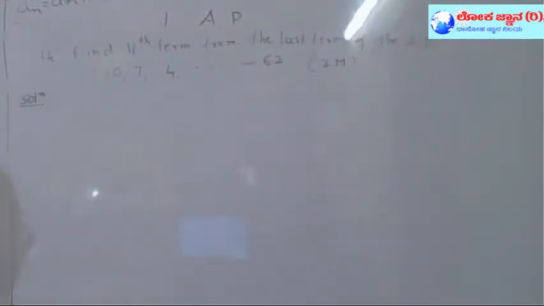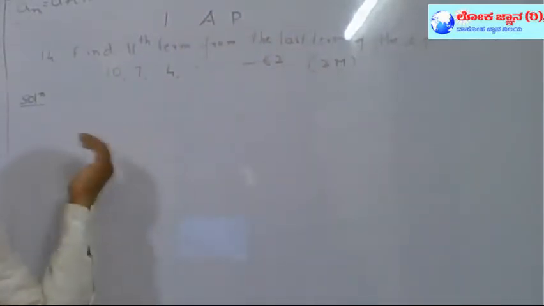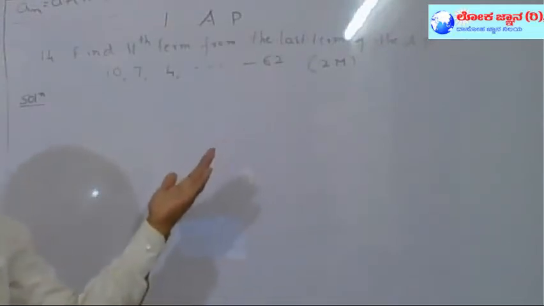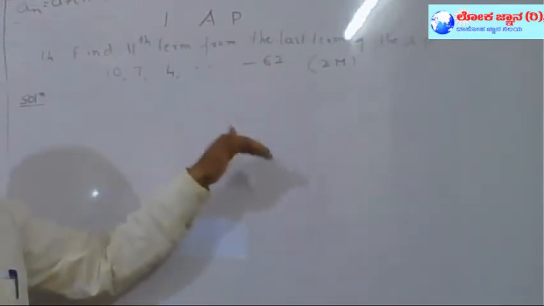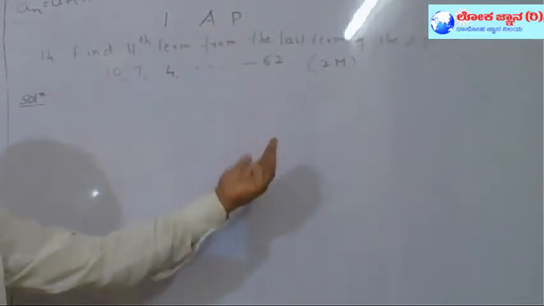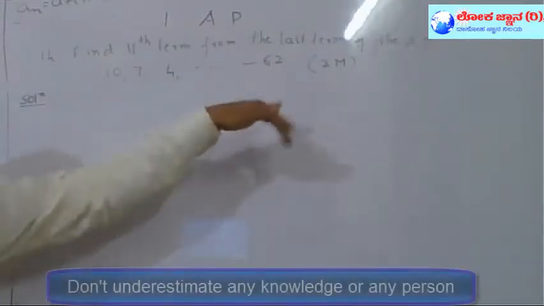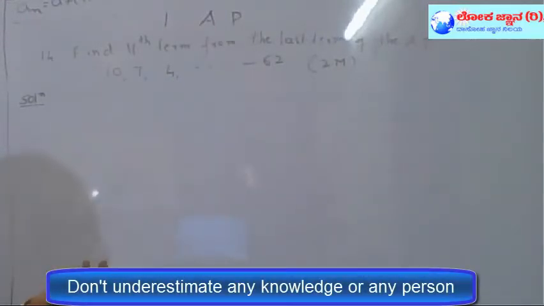First you have to get the last term number n. After getting n, you have to come back to the 11th term from the last term. Is the problem understood?